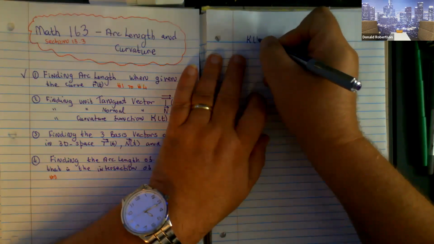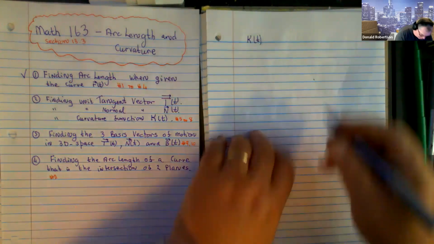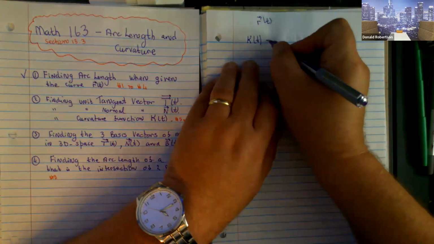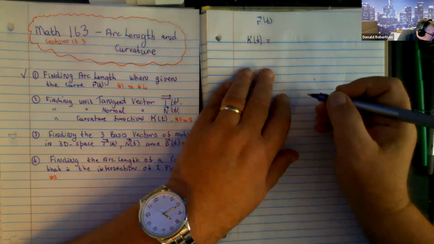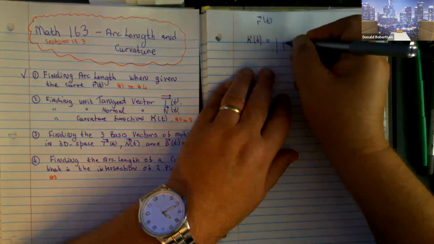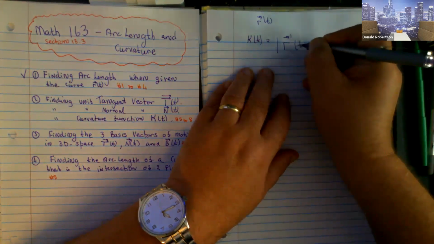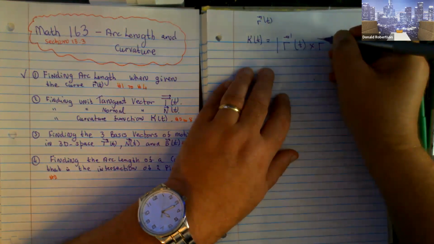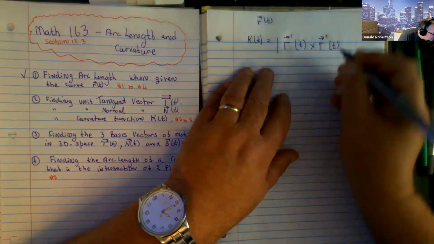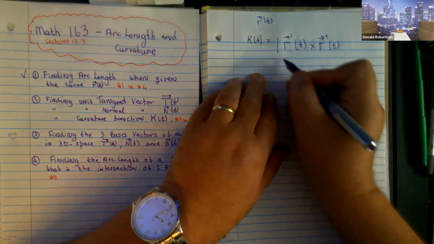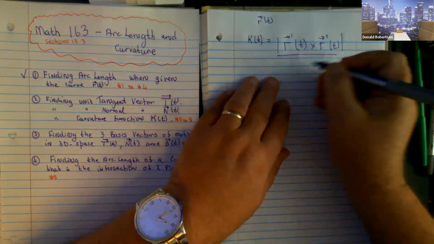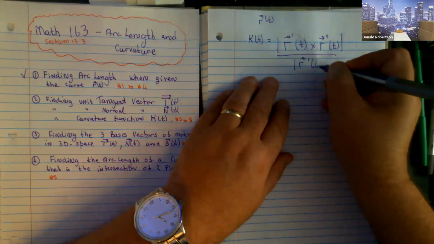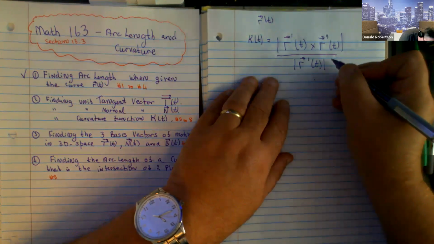The curvature at any given point t of a space curve r of t is given by the magnitude of the first derivative cross product with the second derivative, divided by the magnitude of the first derivative cubed.